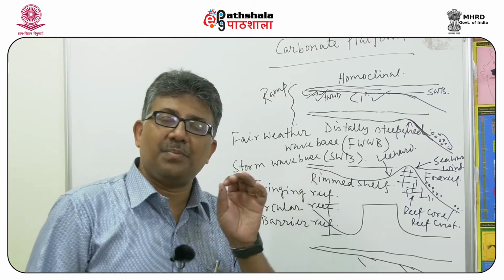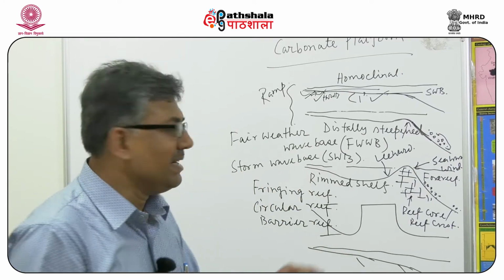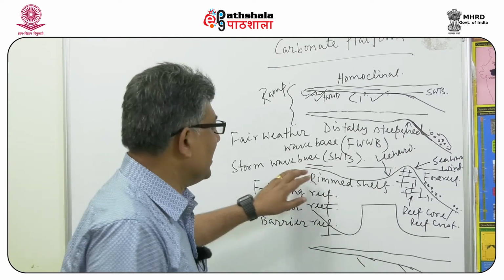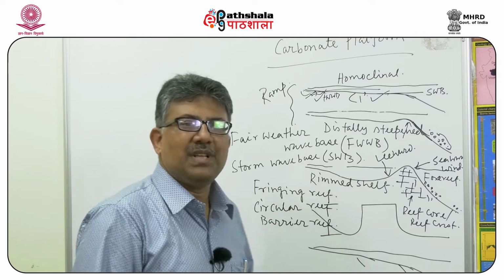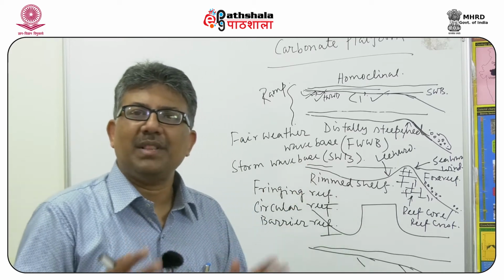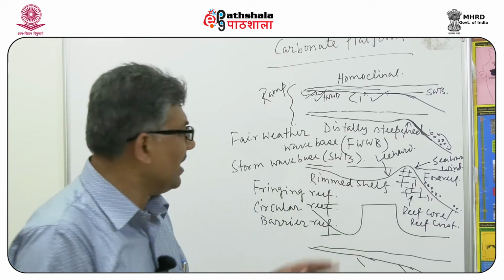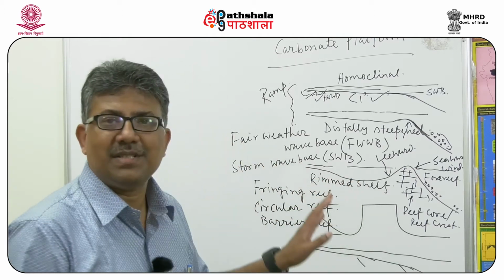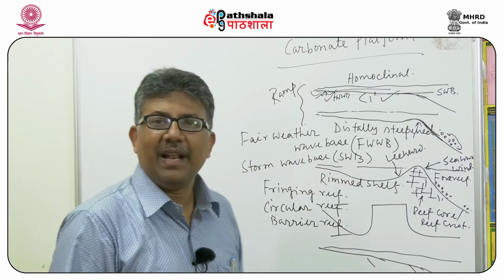But if for some reason the wave energy dominates, then we can also have a wave dominated foreshore beach setting in the coastline of this lagoon. So depending on whether tide or wave is dominating, we can have a tide dominated or a wave dominated setting in the coastline of this lagoon.